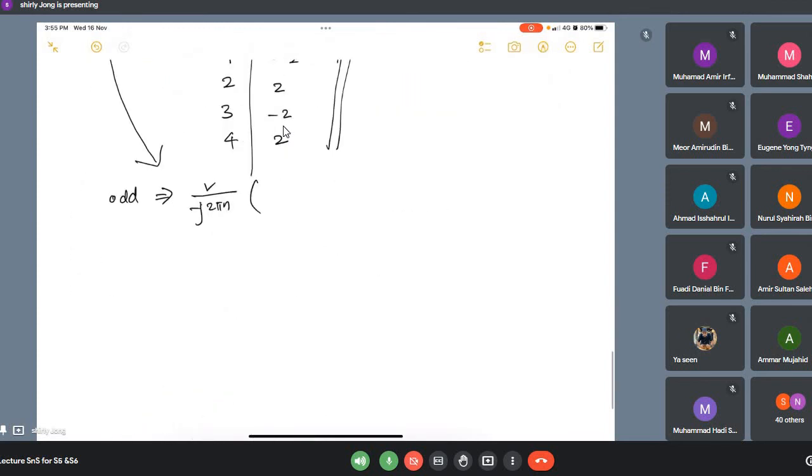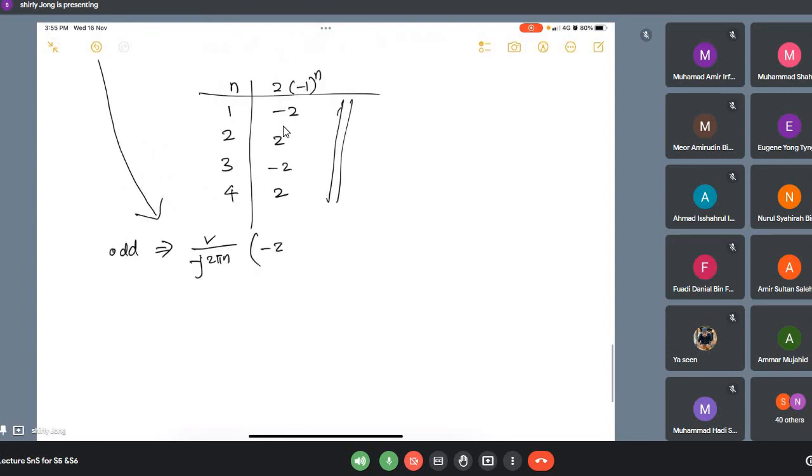So you can substitute. For odd, you get -2. Okay, -2, -1, -1. So this is -4 v divided by minus j 2 pi n. So this is also equal to j 2v divided by minus pi n.